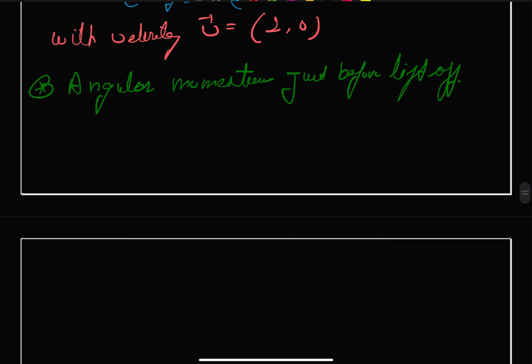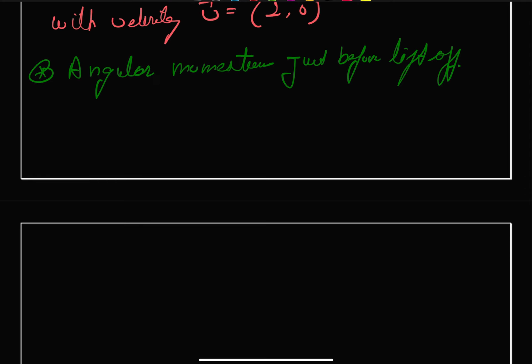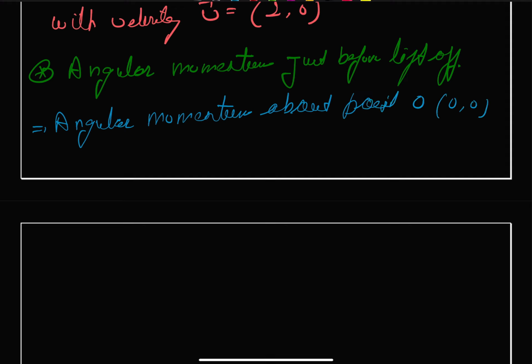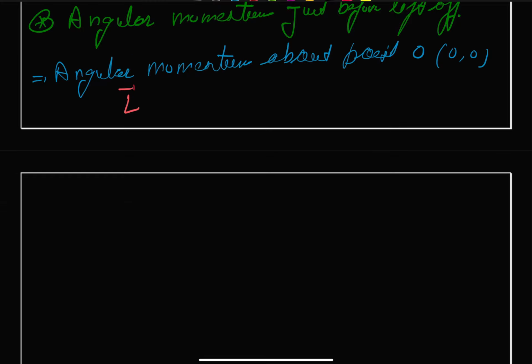We know that angular momentum about the point of suspension, that is O, whose coordinates are given as 0, 0, L is equal to R cross P. And P is mass into velocity, that is momentum, and R is the position vector of the bob.